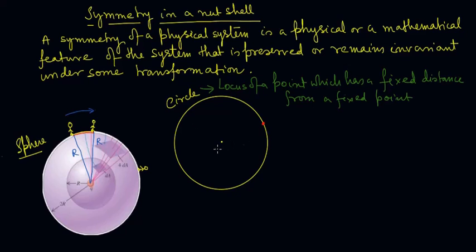Say this fixed point is O. So the distance from this fixed point to this point is constant.